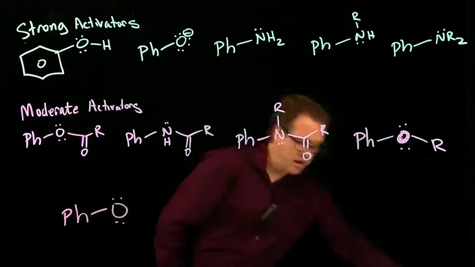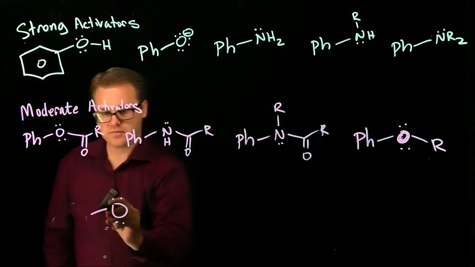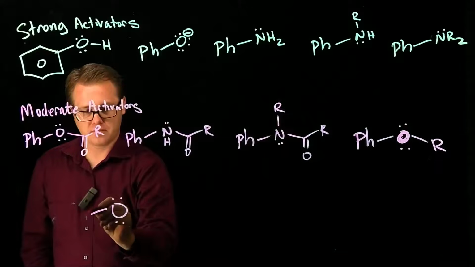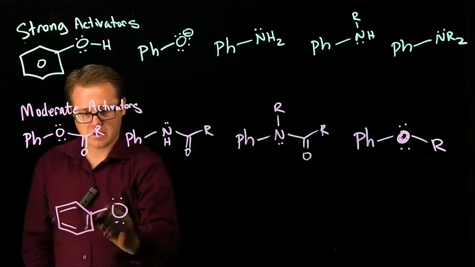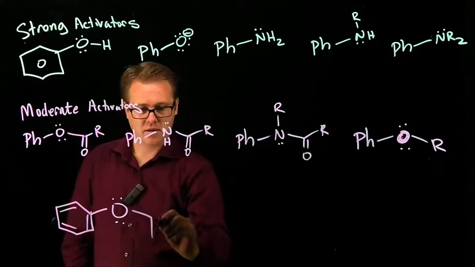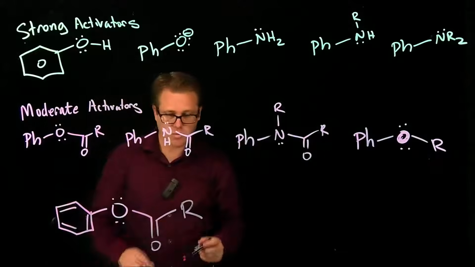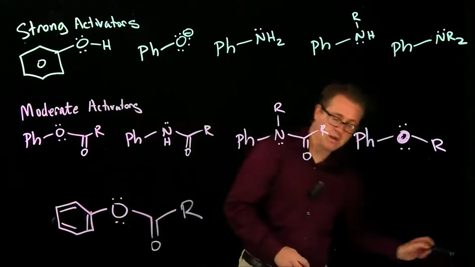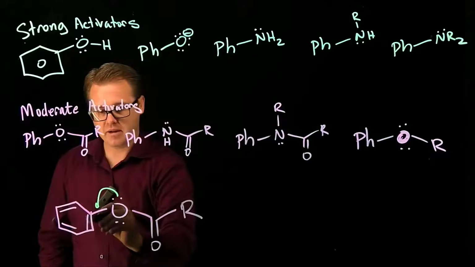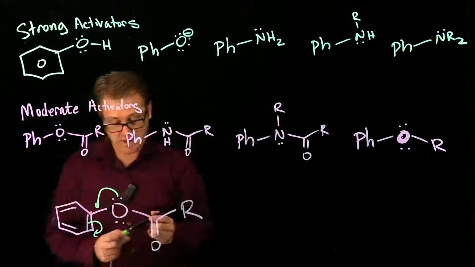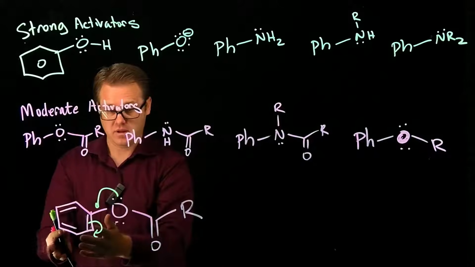So if we draw out the phenyl ring, okay, we have lone pairs there. So one could envision that the lone pair right here can come in and donate in like so, right? That is true. That would activate the ring.